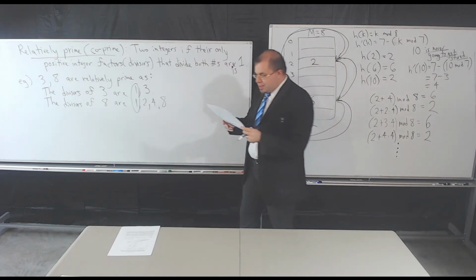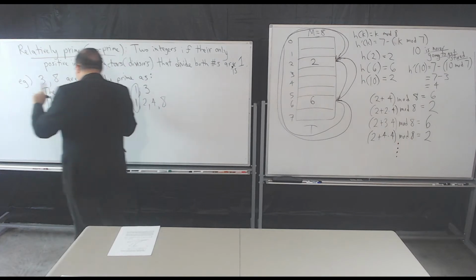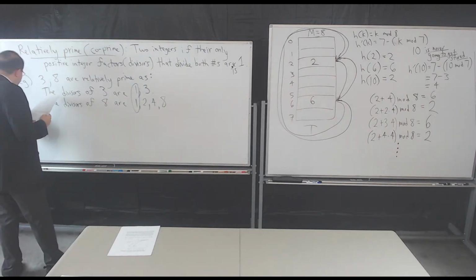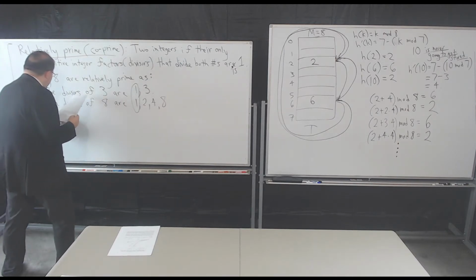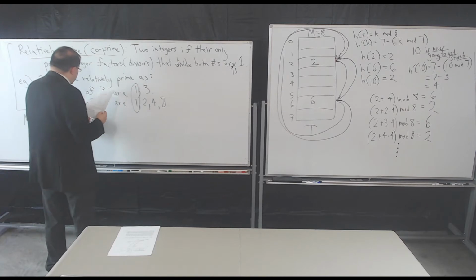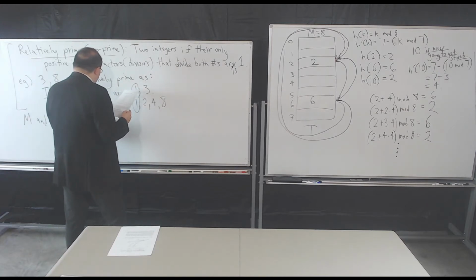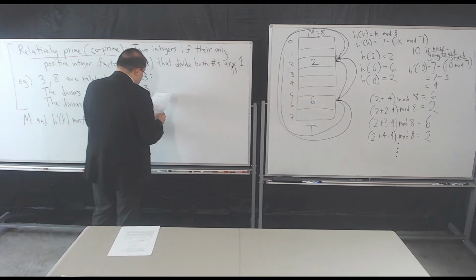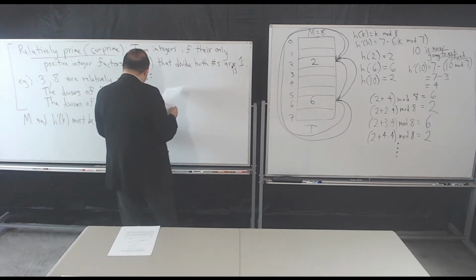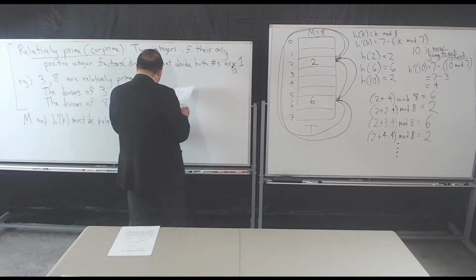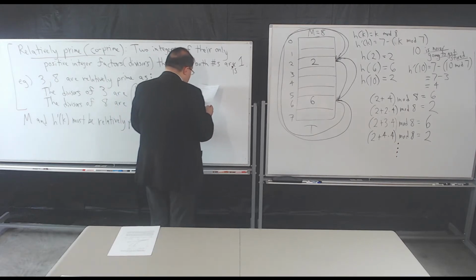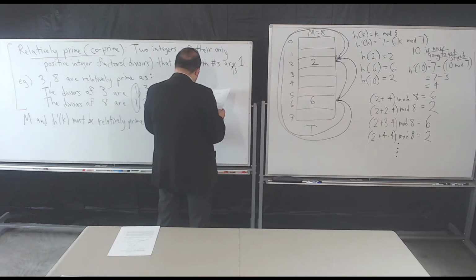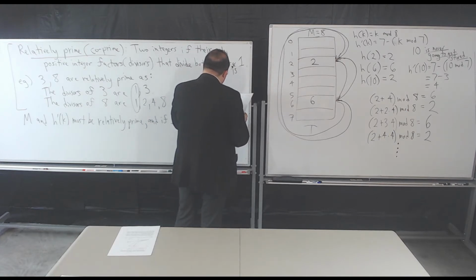Okay, so there's a lovely property that if M and the jump Q are relatively prime, then the whole table can be explored. I will not prove this for you.